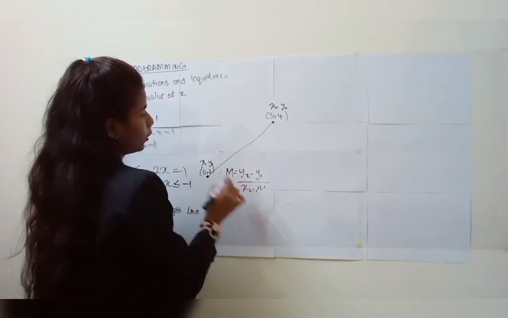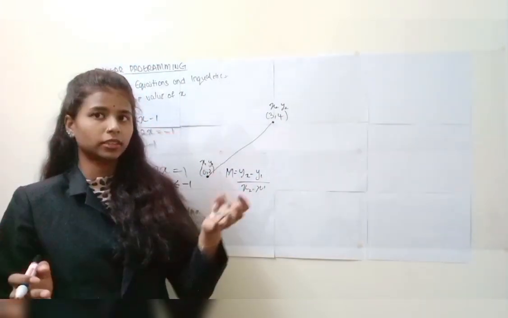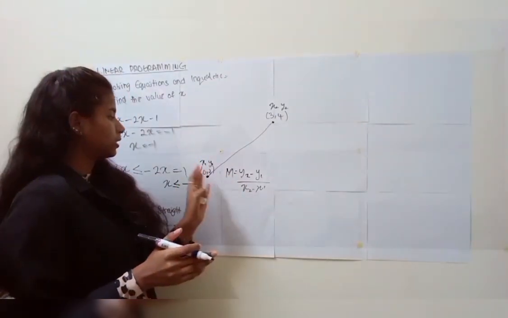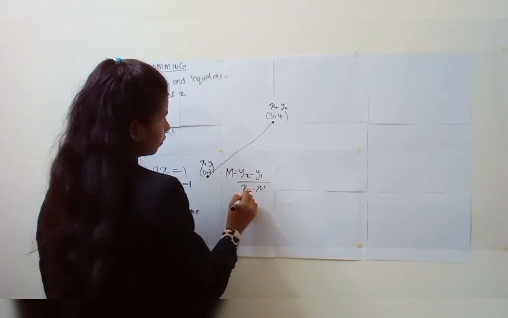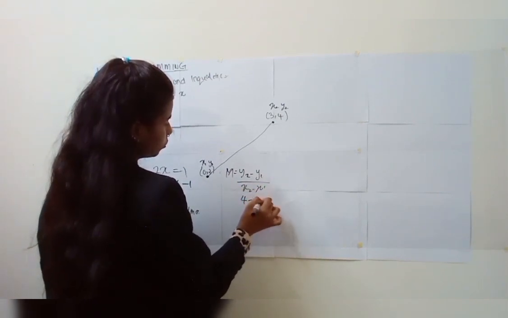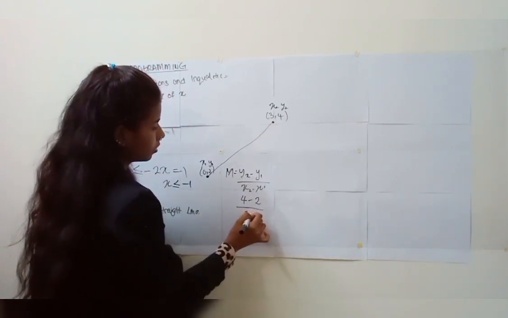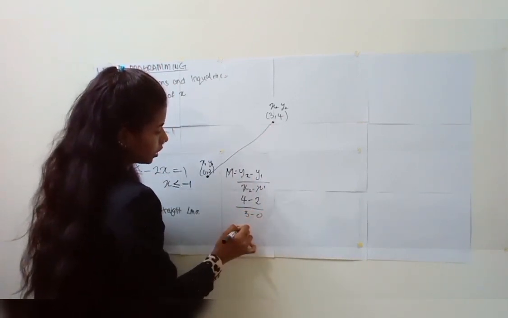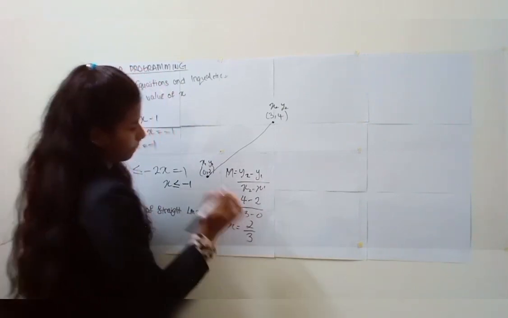So we must minus the biggest digital number from the smallest one. So 4 minus 2 and then 3 minus 0. So the answer is 2 out of 3.